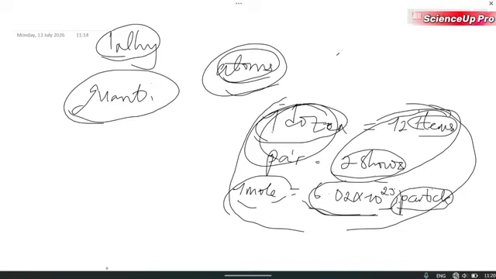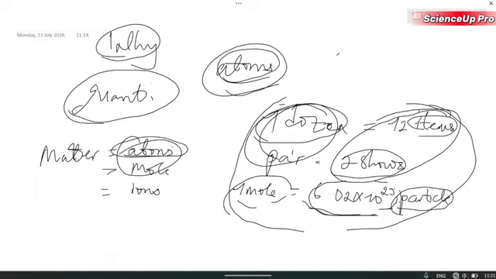Like you were taught some years ago, matter can be made of atoms, molecules, or ions as well. It's not only atoms. Some people believe that matter is only about atoms, but matter contains molecules as well.